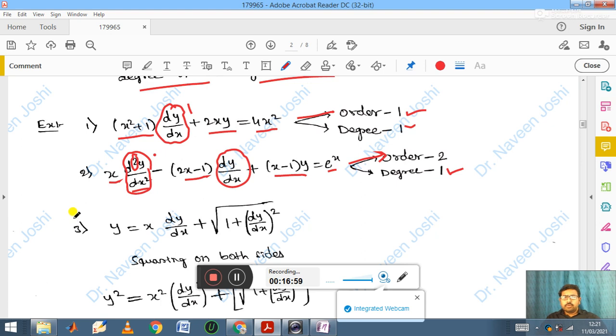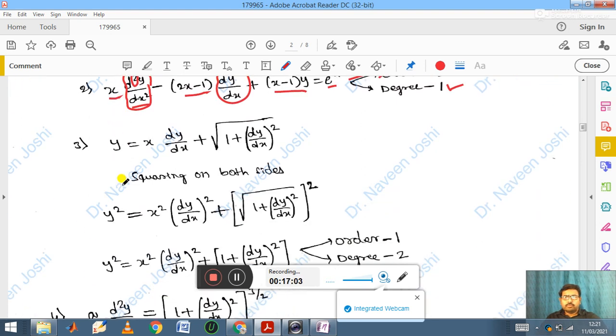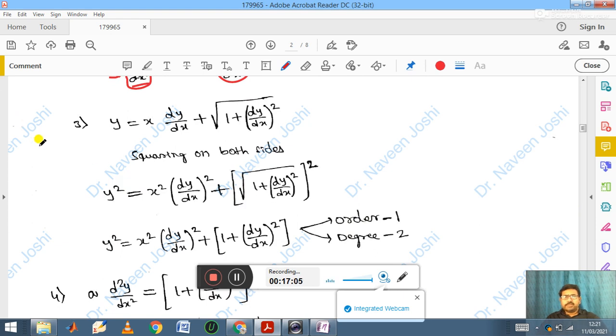Okay, so go to the third example. y equals x dy/dx plus square root of 1 plus (dy/dx) whole square.